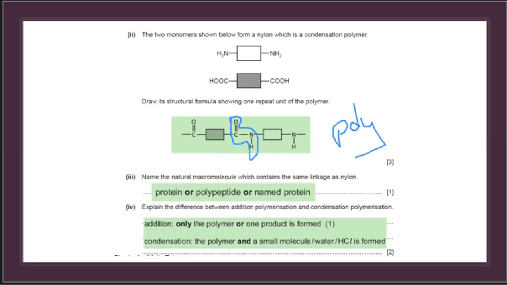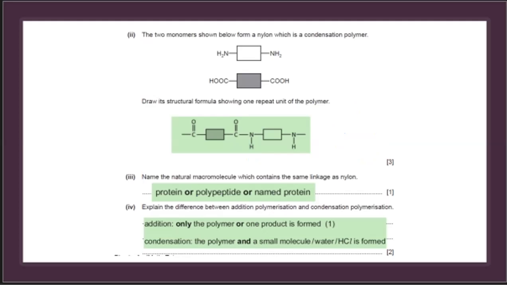Many peptide chains together form a polypeptide, and that helps to form our protein. So what is the name of the macromolecule which contains the same linkage as you would also find in nylon? The name is protein, or a polypeptide, or a polyamide if you wanted to call it that.